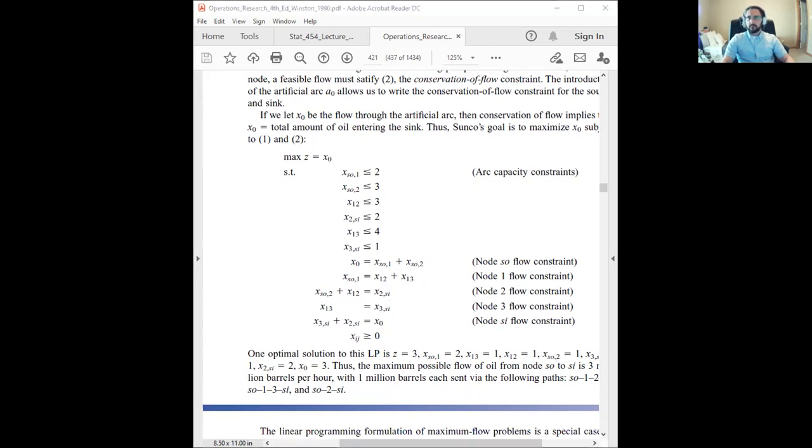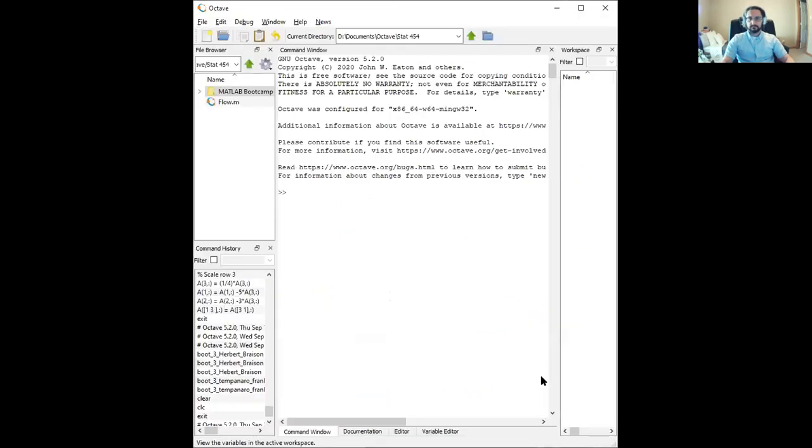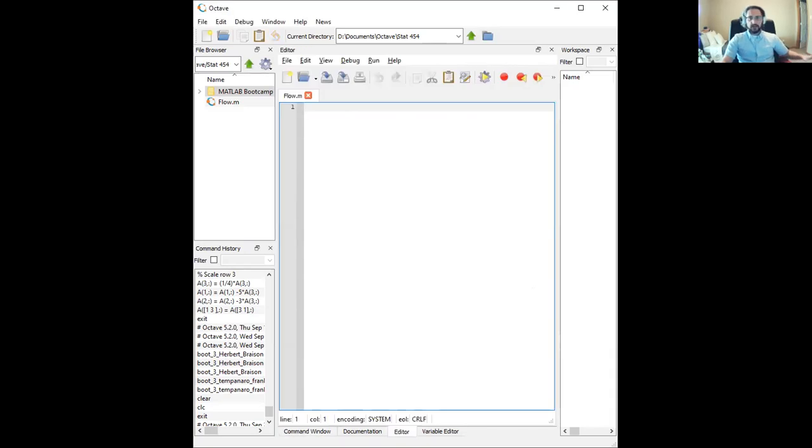Let me move this to the side. And let me click a new share. So this is Octave. And I've created a file named flow that will allow me to solve this problem.